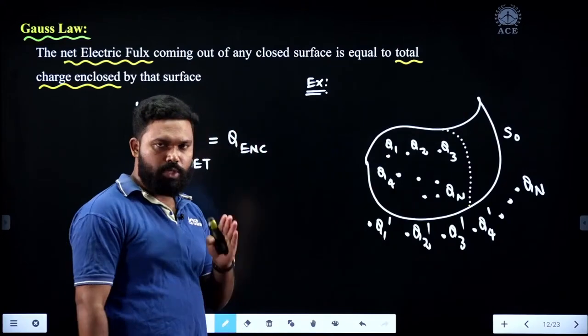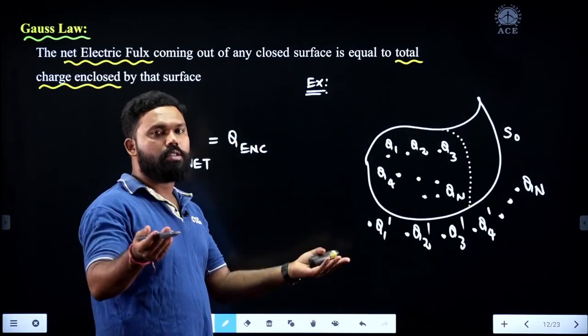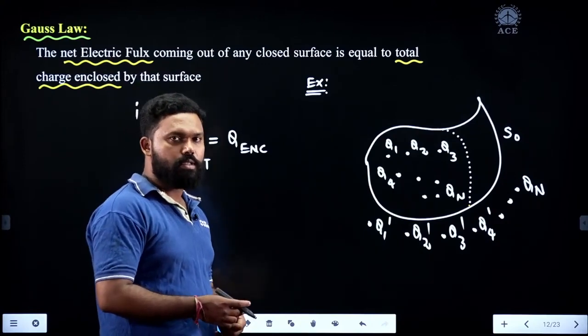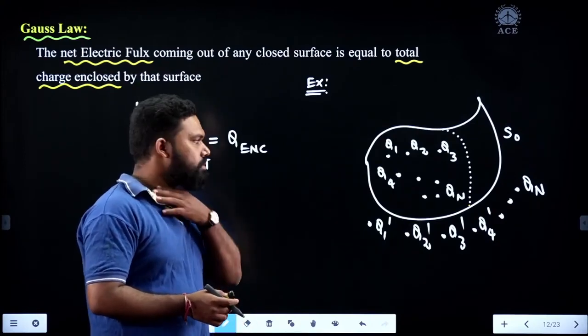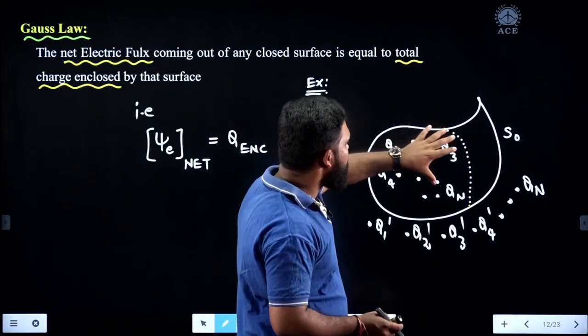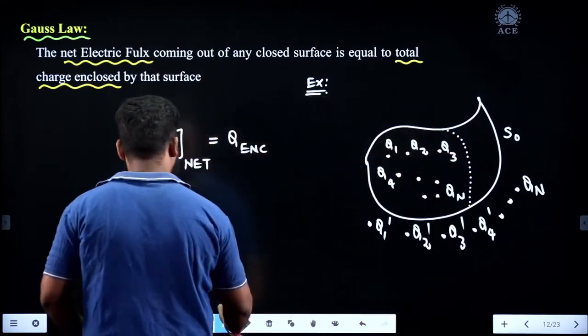What is the flux? To put it in simple words, the number of electric field lines crossing the surface, that is how you can interpret the flux. According to the Gauss law, what is the net electric flux coming out of the S0 surface? I can write it like this.